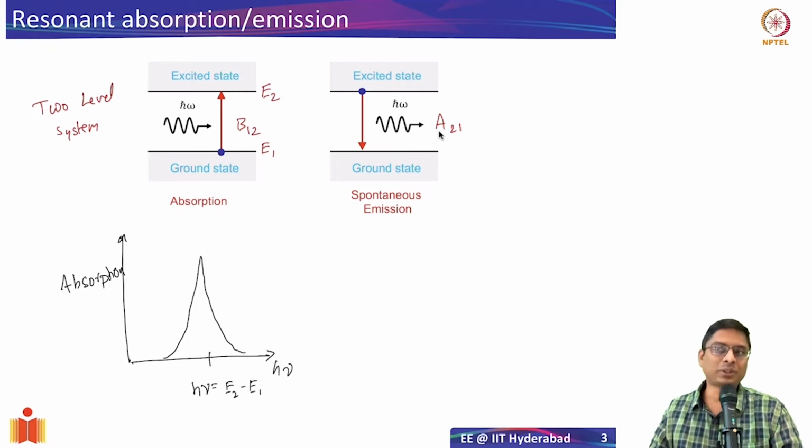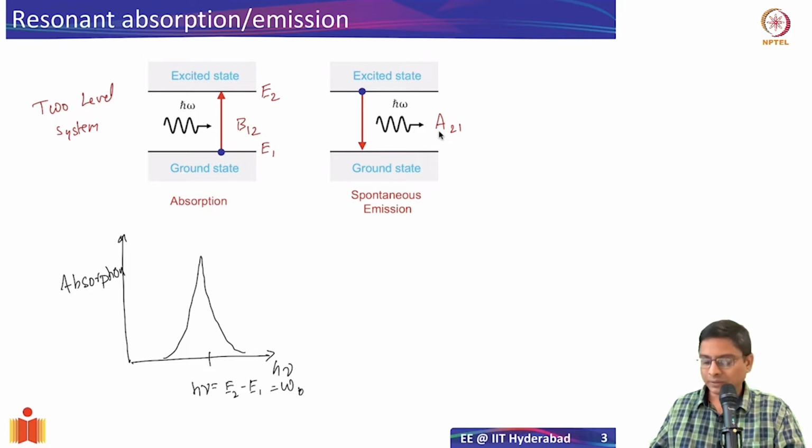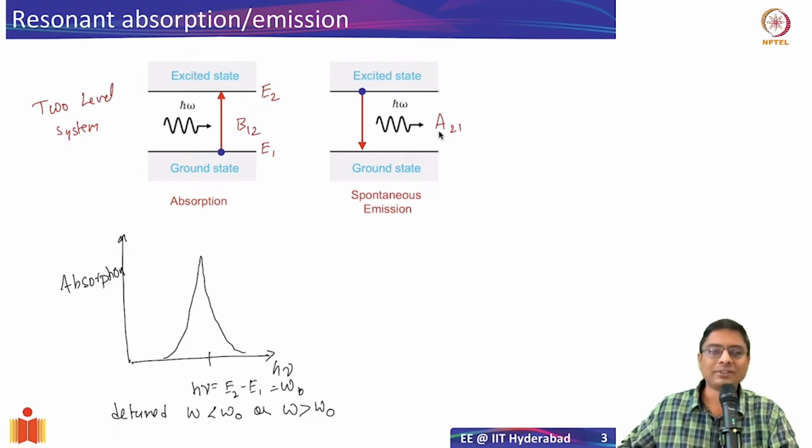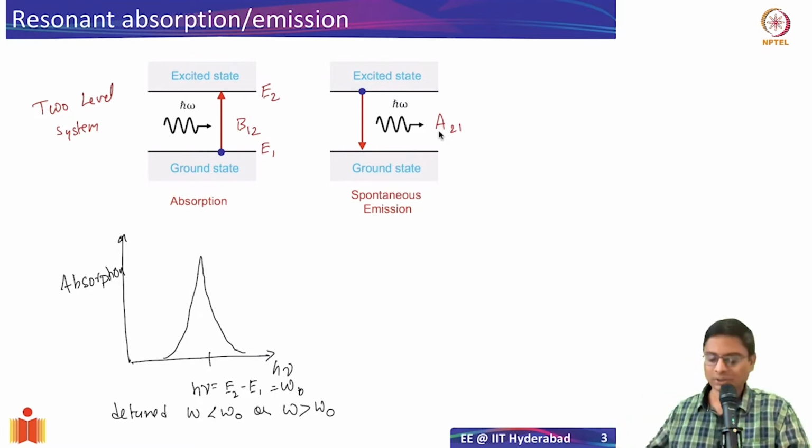And if you are detuned from that, okay, that means if you are away from it, let's call this omega naught. Okay, if you are detuned, let's say, that means I come with a frequency less than omega naught, slightly less than omega naught or slightly greater than omega naught. What happens? We see that the absorption very sharply falls.